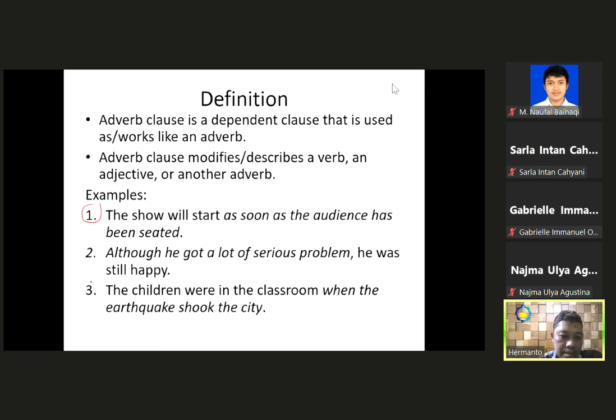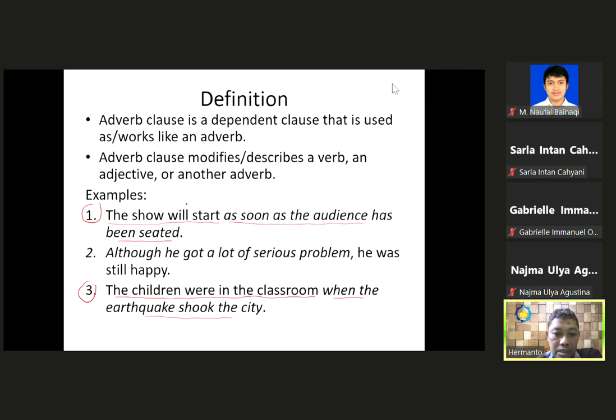In number one and number three, the sentences start with the main clause: the show will start, the children were in the classroom. After these two main clauses, the next part is the subclause. As soon as the audience has been seated, this is the adverb clause. And also, when the earthquake shook the city, is another adverb clause.